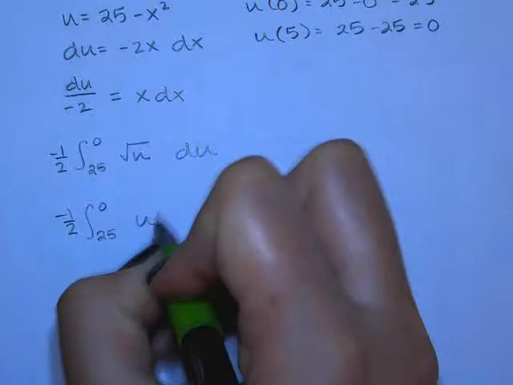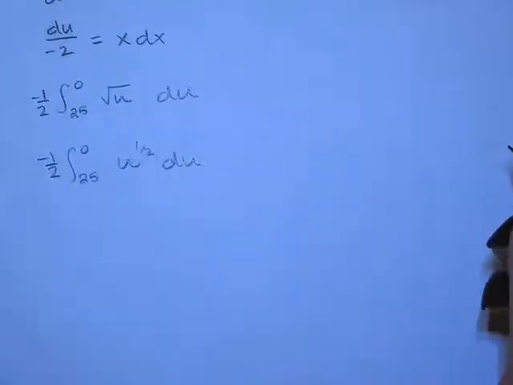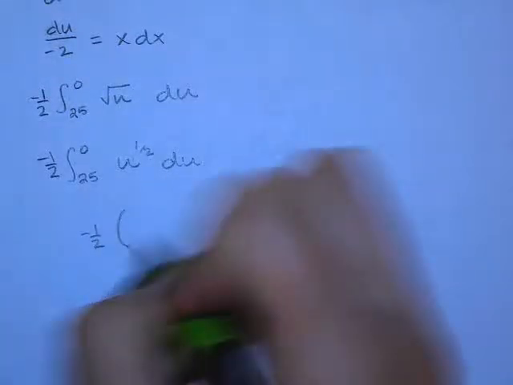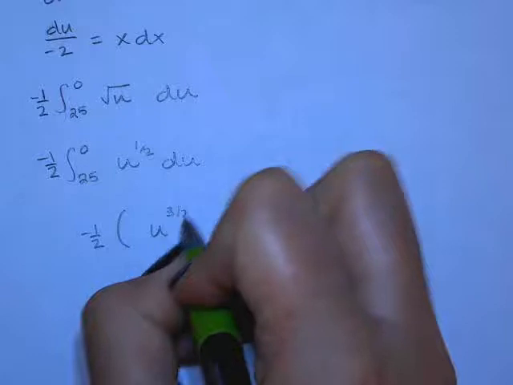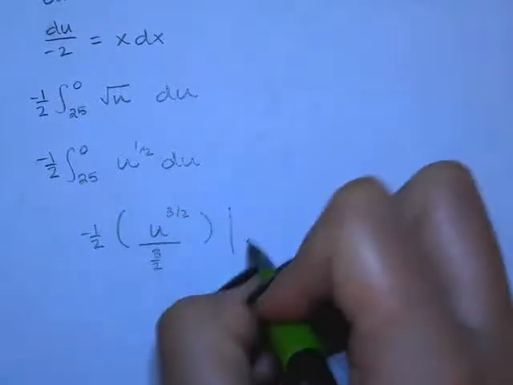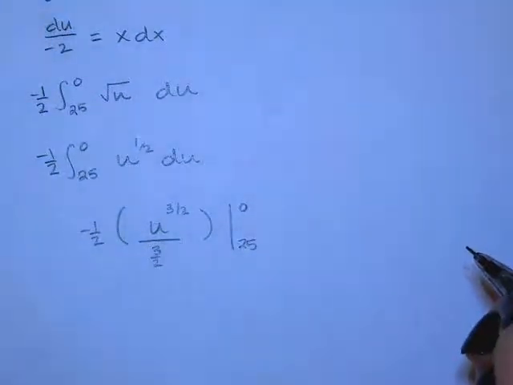So that's u to the 1/2. If I add 1 to the exponent, I get u to the 3/2 divided by 3/2. It's being evaluated from 25 to 0, a little bit backwards there.